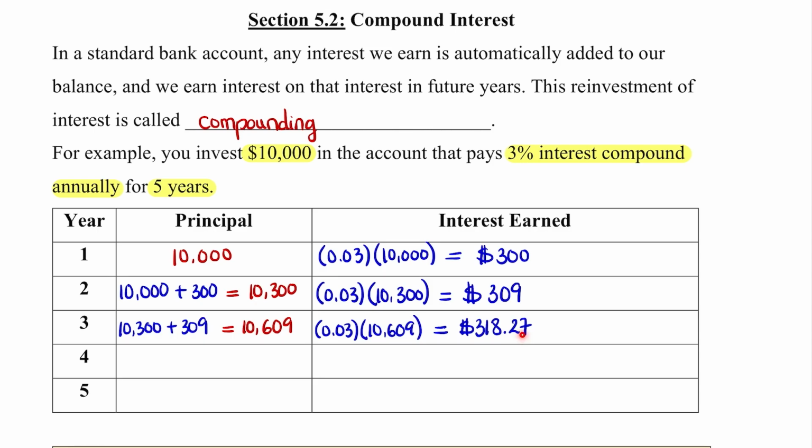The amount of interest that I earned during the third year is $318.27. Now the principal for my fourth year will be $10,609 plus $318.27.